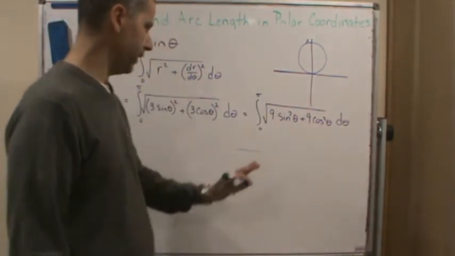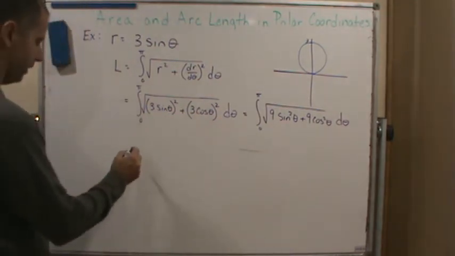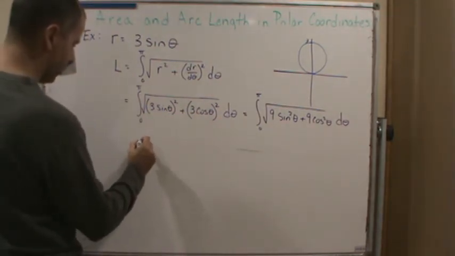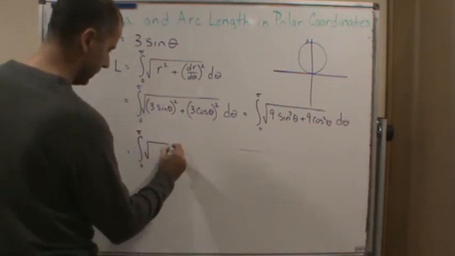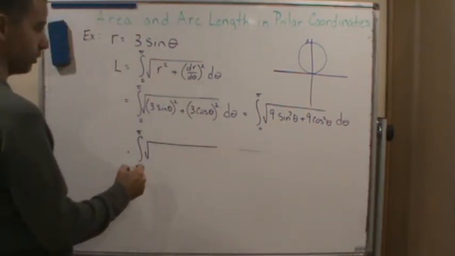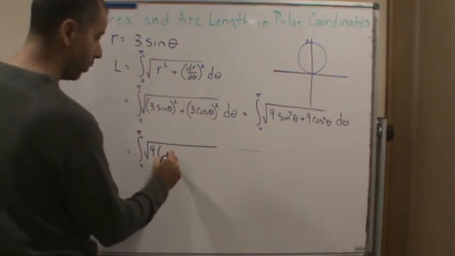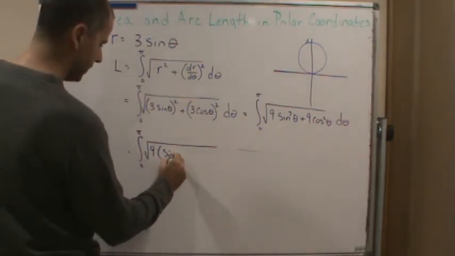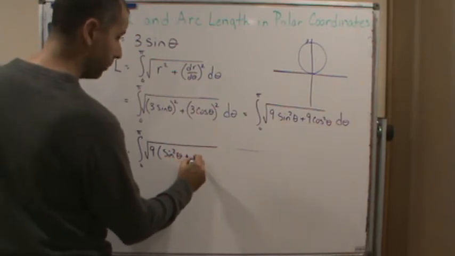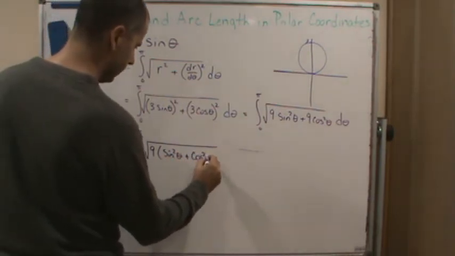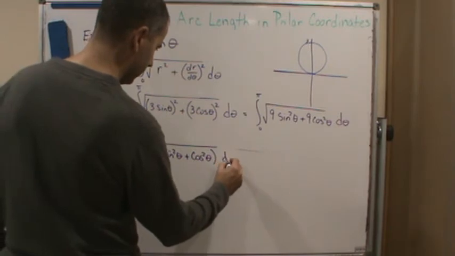Okay? So now notice this, look what's over here. I've got a common factor now. This is going to be easy, right? So this is going to be the integral from 0 to pi of the square root of 9 times the quantity sine squared theta plus cosine squared theta, d theta.